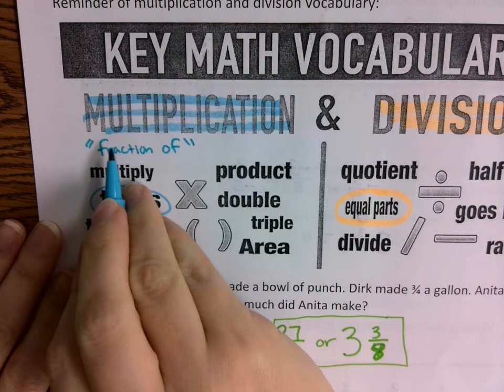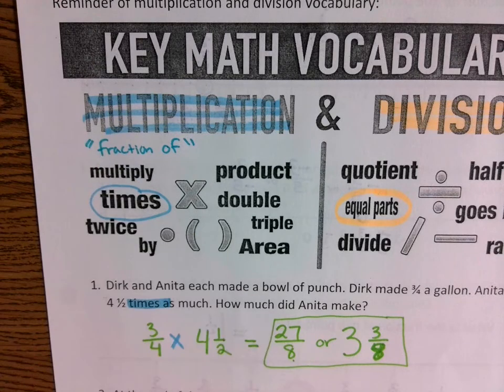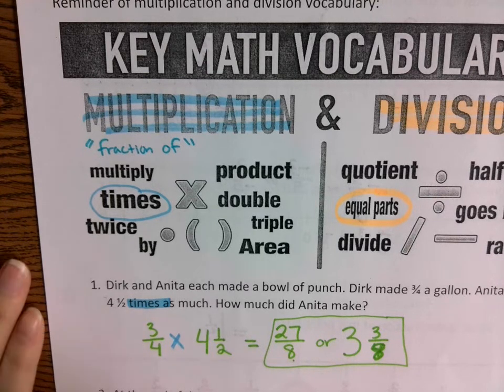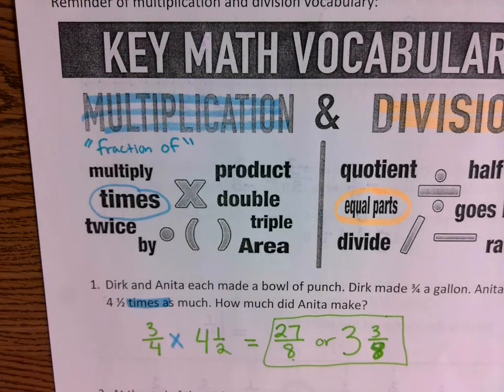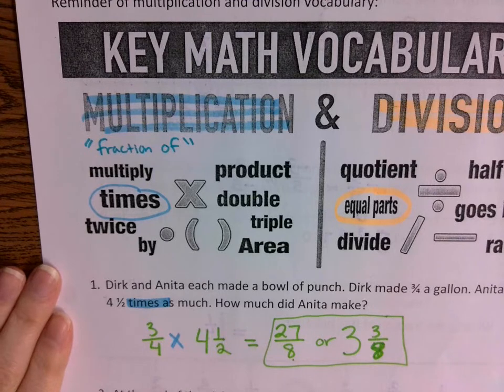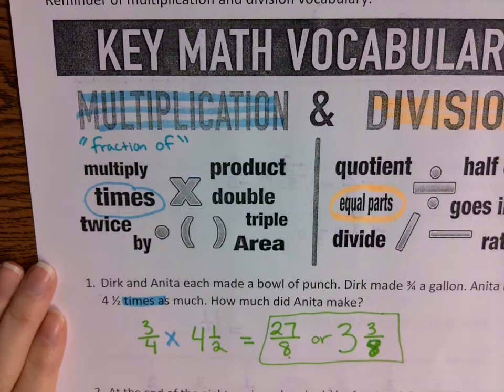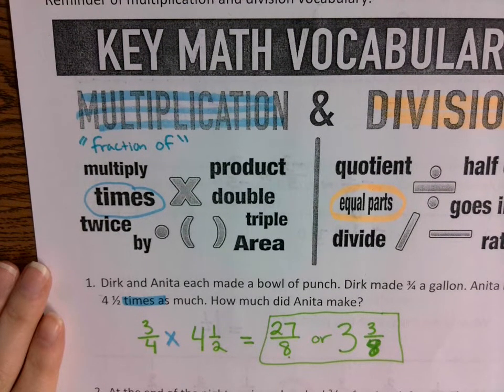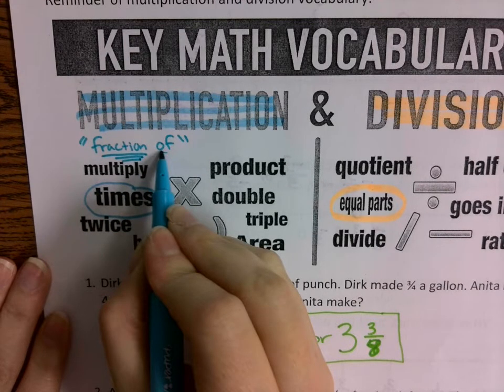It could be half of. It could be 3/4 of. It could be 2/5 of. That means you're going to take your value and multiply it by that fraction. Fraction of represents multiplication. So it's really important for you to understand. A fraction of means you are going to multiply in that problem.